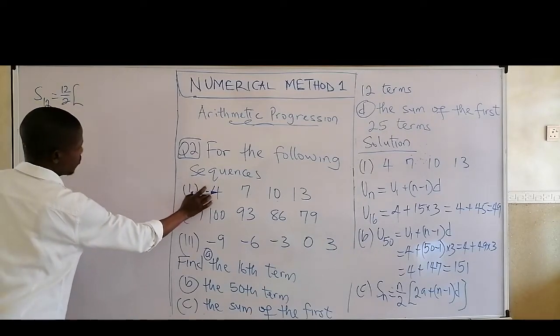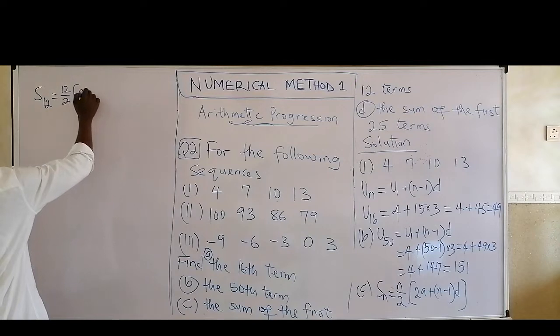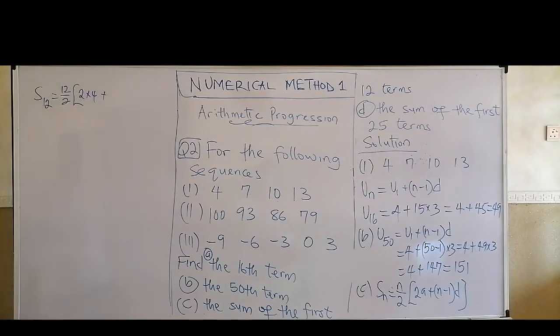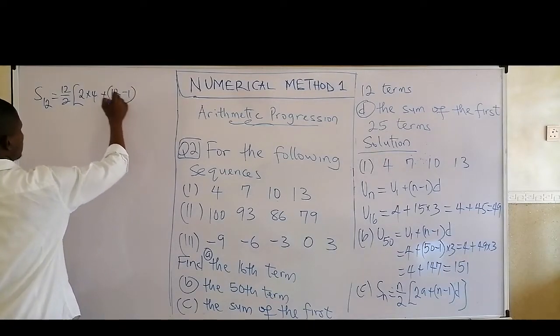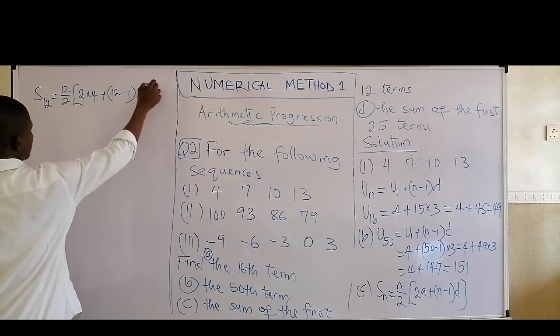My a is 4, so 2 times 4, plus n is 12, 12 minus 1, times the common difference 3.